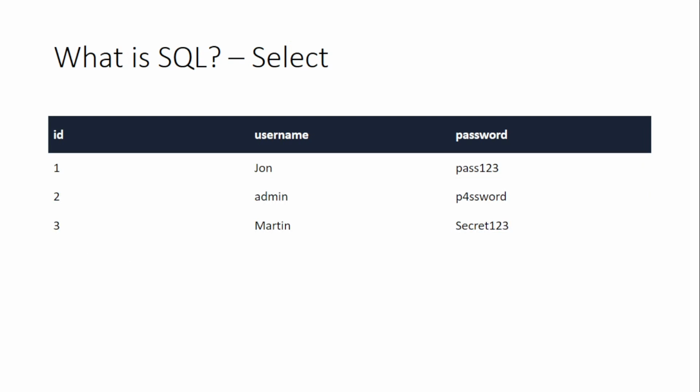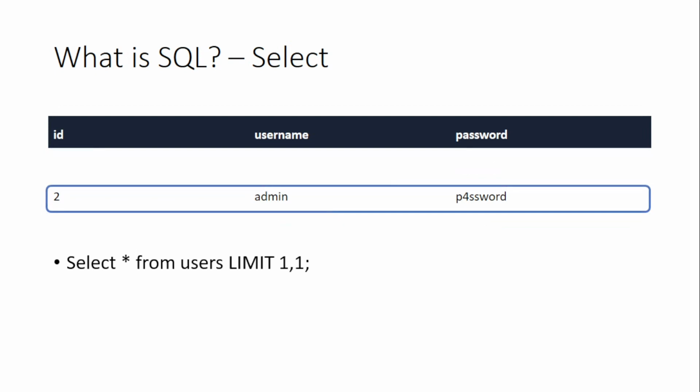For example, if you want to instead skip the first one and retrieve the second one, we skip the first, which had ID number 1, and we'll get the one with ID number 2, and we limit to one row only.